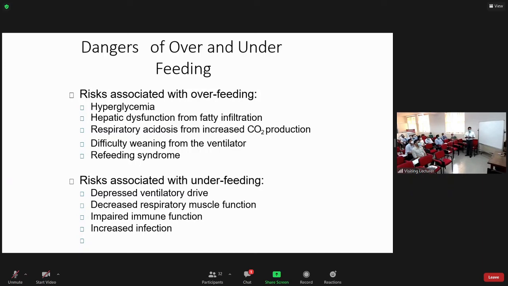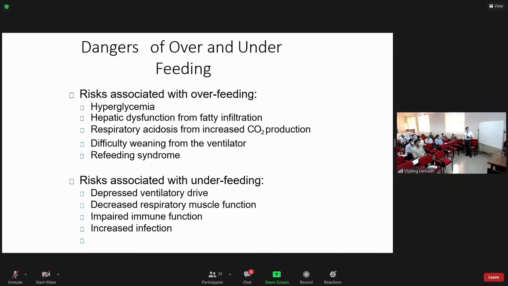But sometimes proper nutrition is important for extubation because the respiratory muscles are weak due to malnutrition. Then again, you can't extubate. Risks associated with underfeeding: depressed ventilatory drive, decreased respiratory muscle function, impaired immune function, and increased infection.